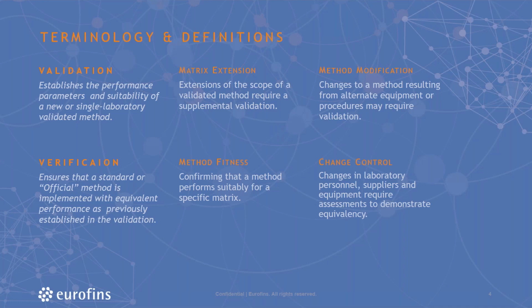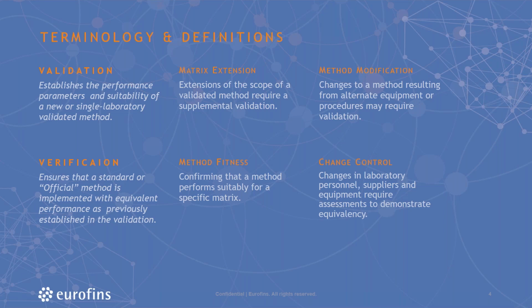So just to equip you with a little bit of background knowledge for today's discussion, I want to talk about a few definitions. First, the process of validation establishes the performance parameters and the suitability of a new or previously validated method.